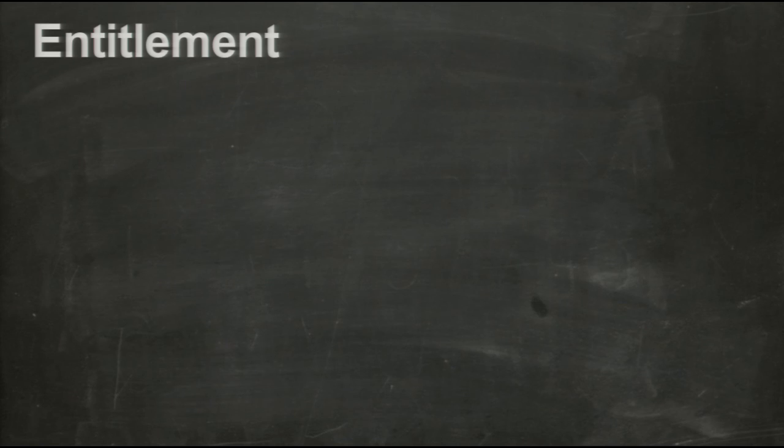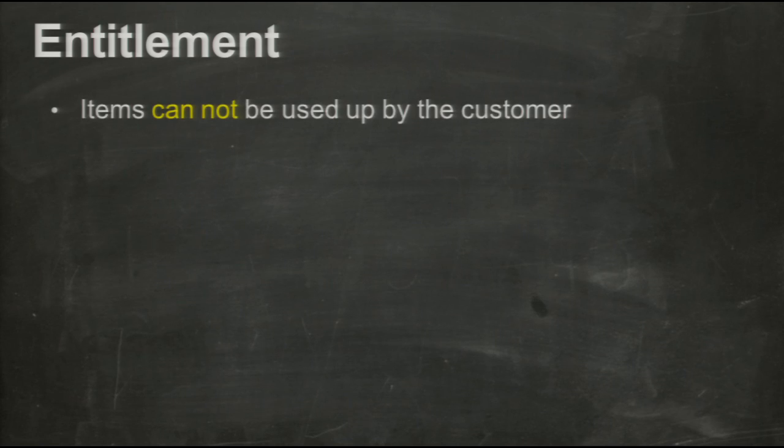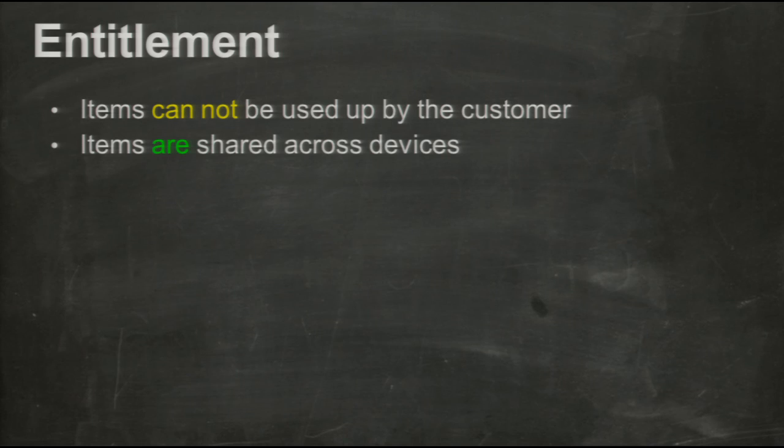Okay, so let's talk a little bit about entitlement content. Entitlements are things that cannot be used up by the customer. If I'm entitled to something, then I have it. There's no notion of quantity with an entitlement. These items are shared across devices.